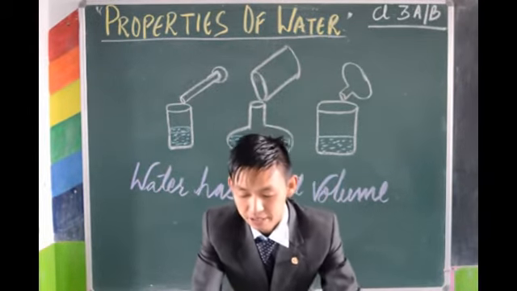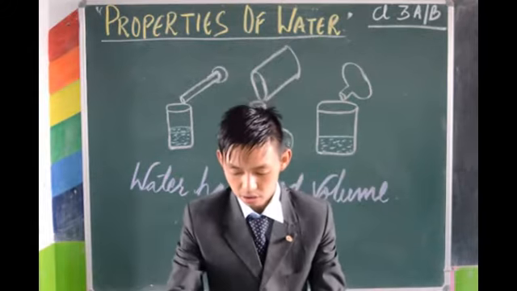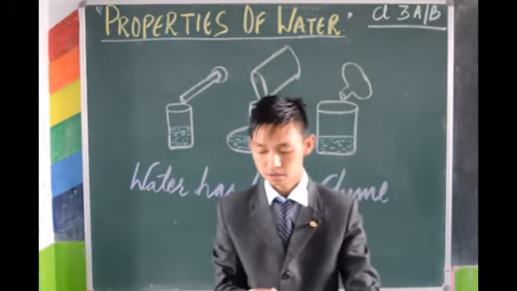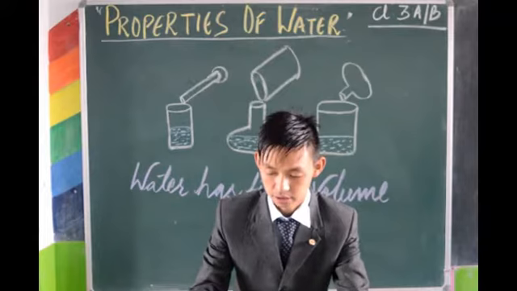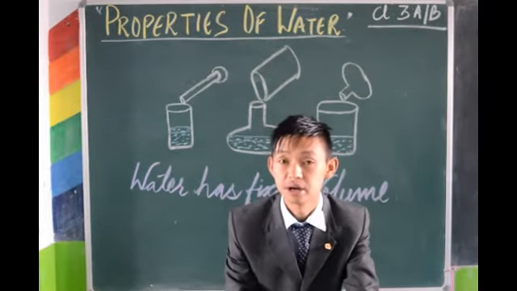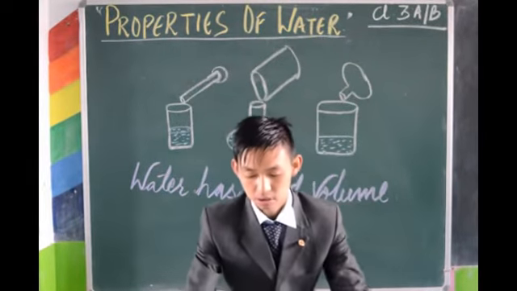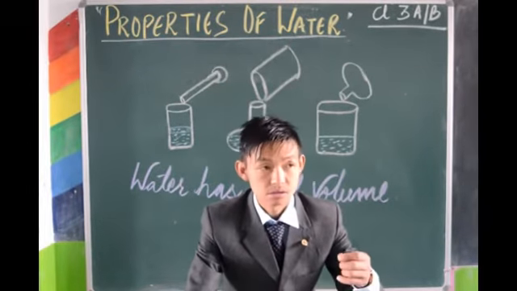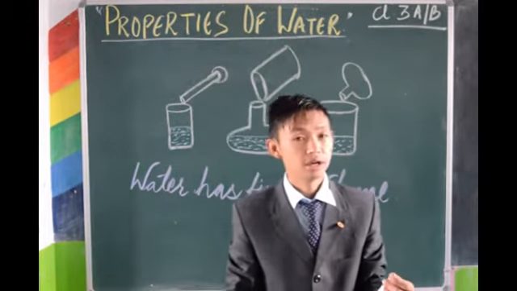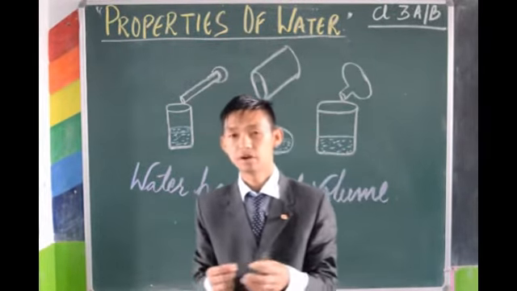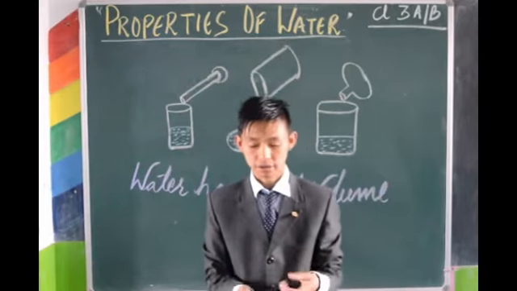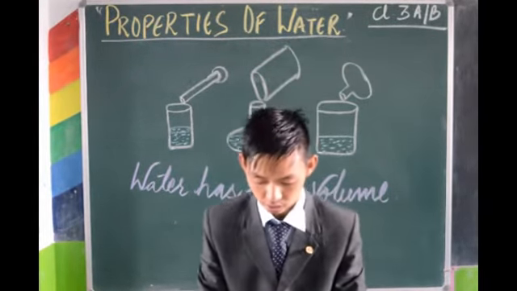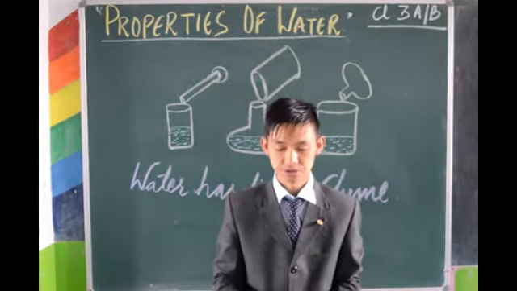For example, if you take salt or sugar in water, the sugar or salt will be dissolved in it, and the salt or sugar becomes the solute, and the water is the solvent. If it is sugar, we will find sweet water. If we put in salt, then we will find salty water. This is called the water form of solution.